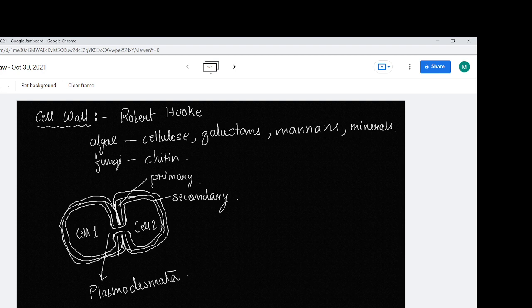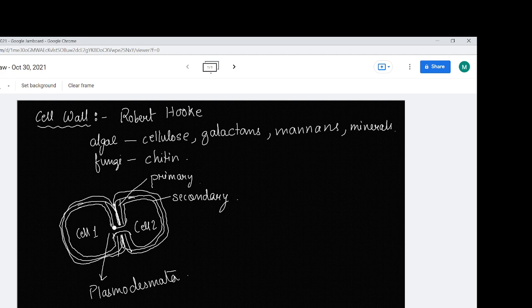So we know that the cell wall may not be completely sealed from all sides. In some cells there will be pits. For example, in tracheids or vessels in xylem, as we know, they will have pits. Then in the sieve tube, we know they will also have certain pits and holes present on the cell.